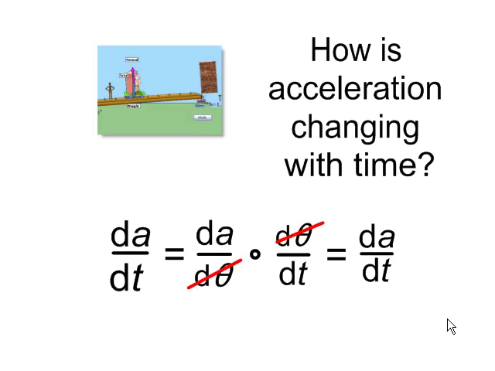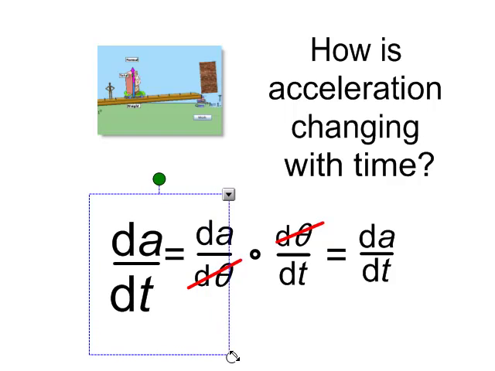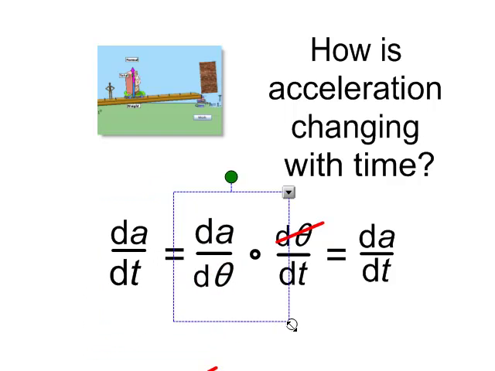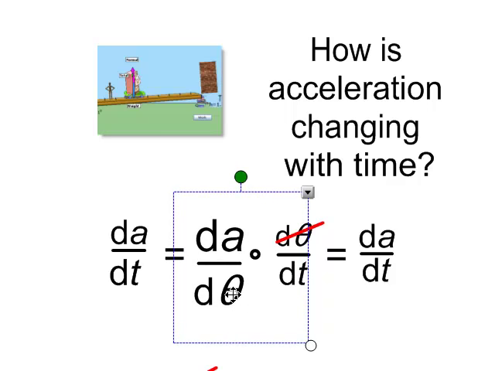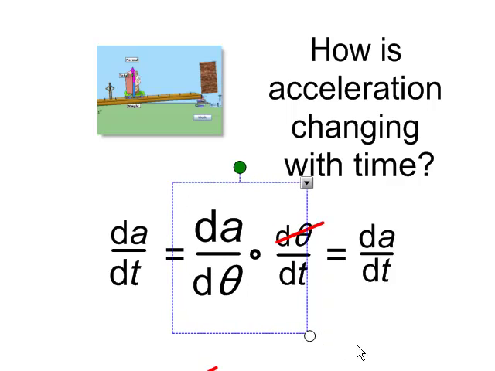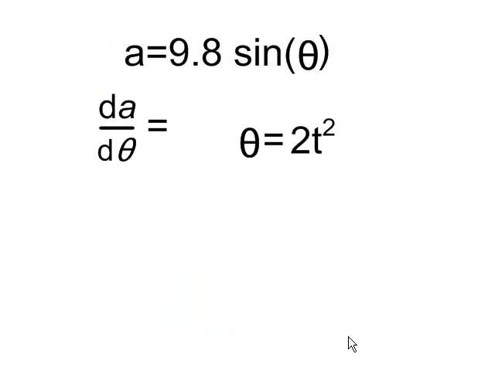But if you recall, what we're really trying to find out is how acceleration is changing with respect to time. First thing I'm going to do is try and find out the relationship for how acceleration is changing with respect to theta. For the time being, I'm just going to let the expression be a equals 9.8 times the sine of theta, and I'm going to keep in the back of my mind that theta is equal to 2 times time squared.